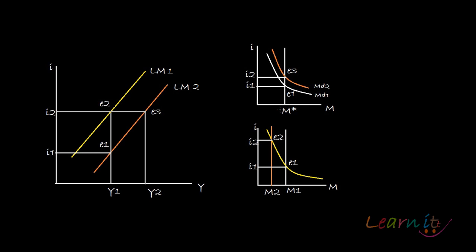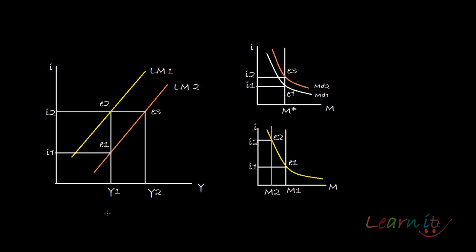Well, if you look at it, between points E1 and E3 there is an increase in the output level from Y1 to Y2, and there is a direct relationship between the output level and the demand for money.